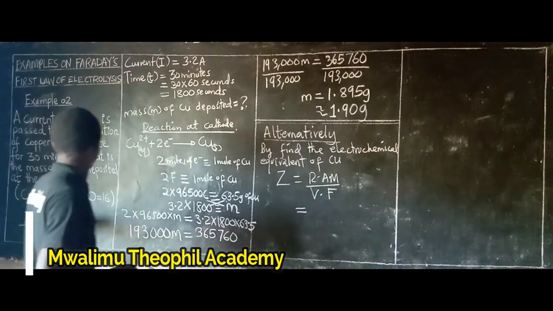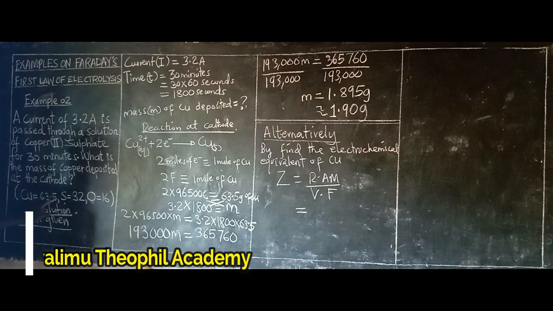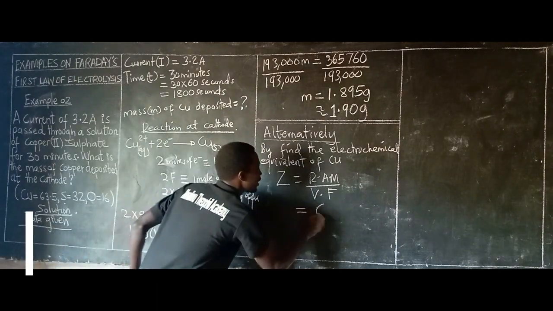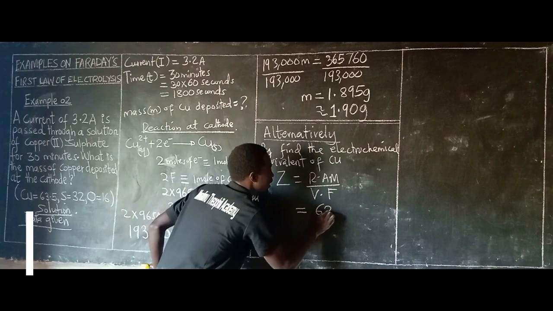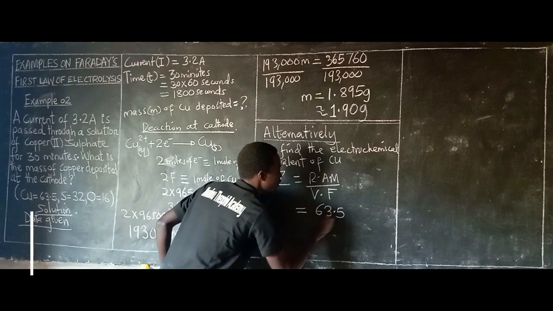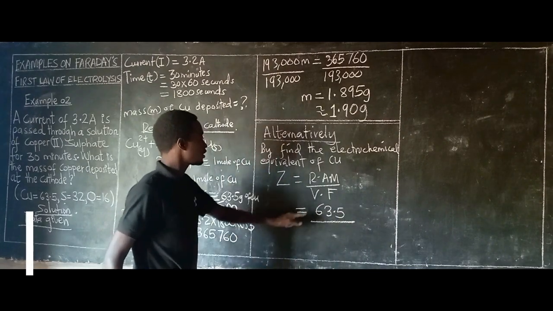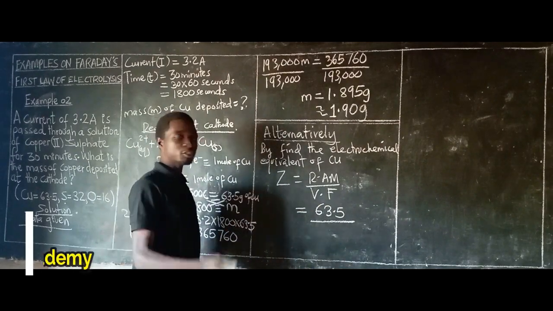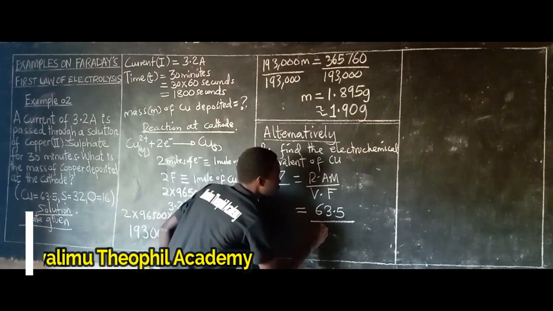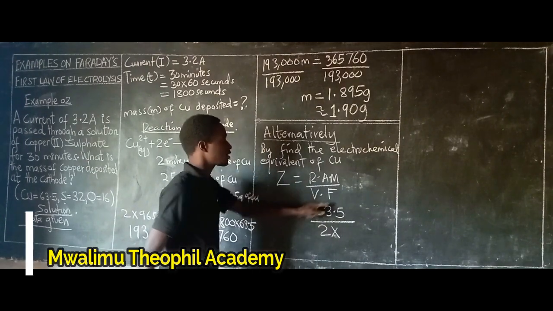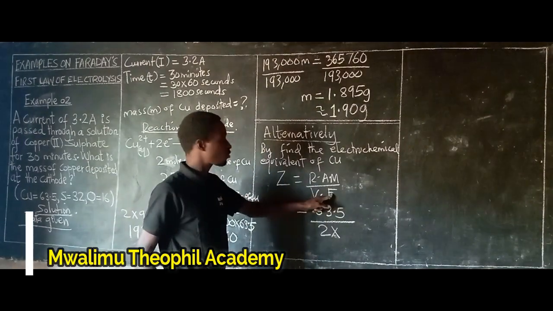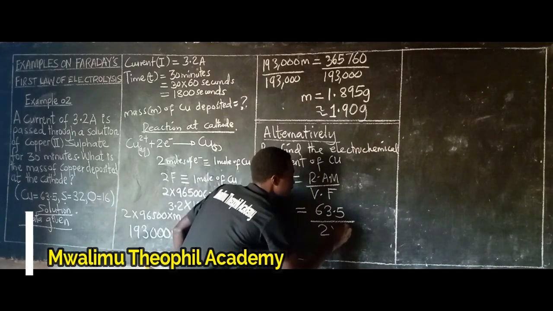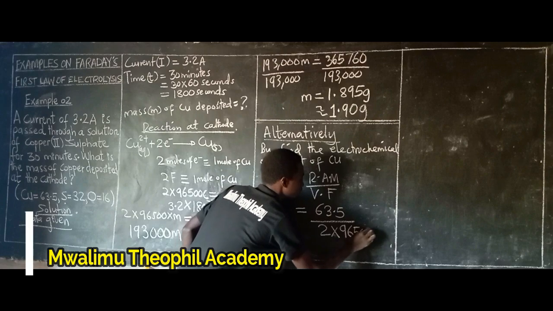We are given that it is 63.5. So we put 63.5 in the numerator, and divide by the valence of copper. Copper has a valence of 2, so we put 2 times Faraday's constant, which is equal to 96,500 coulombs. So it is 96,500.